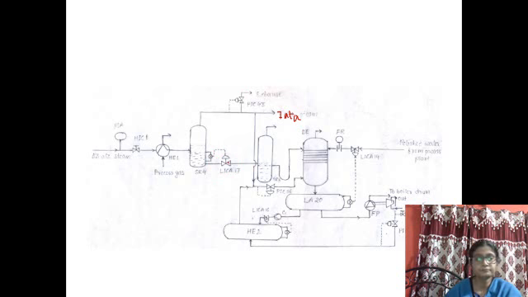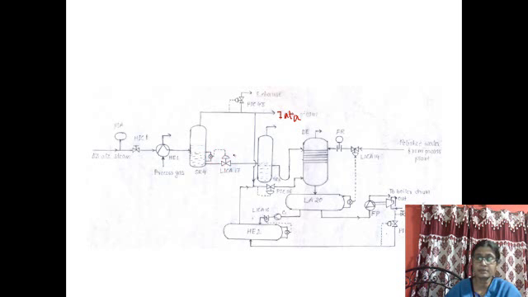Say for LICS 17, the tank level should be measured and controlled. So what type of valve should be used here?